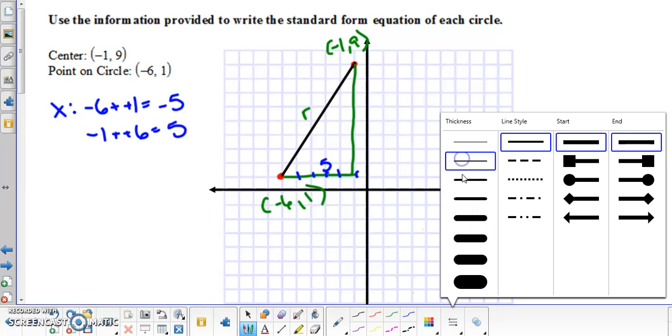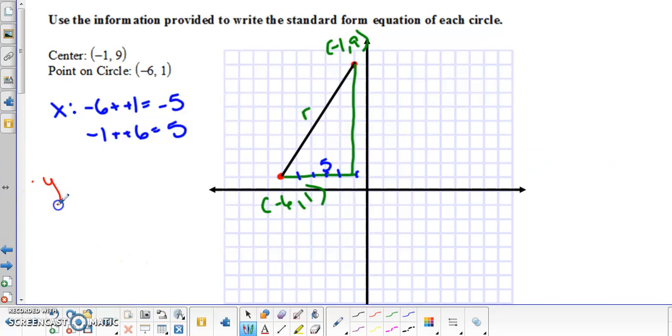Okay, then here I've got to do my y, so the change in my y. I'm going to take where I end and subtract where I start, and that gets me 8. So 9 minus 1. Again, I can count 1, 2, 3, 4, 5, 6, 7, 8. So this is 8.